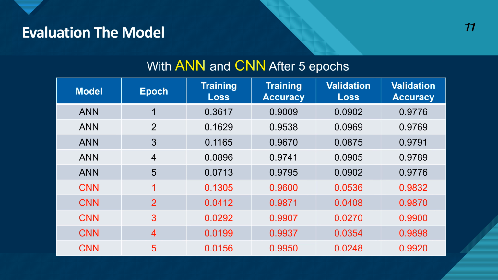I used 5 epochs for both ANN and convolutional neural network, CNN, on the same dataset. Here we can see that CNN outperforms ANN, where ANN after 5 epochs achieves 97.9% training accuracy, and CNN achieves 99.5%.